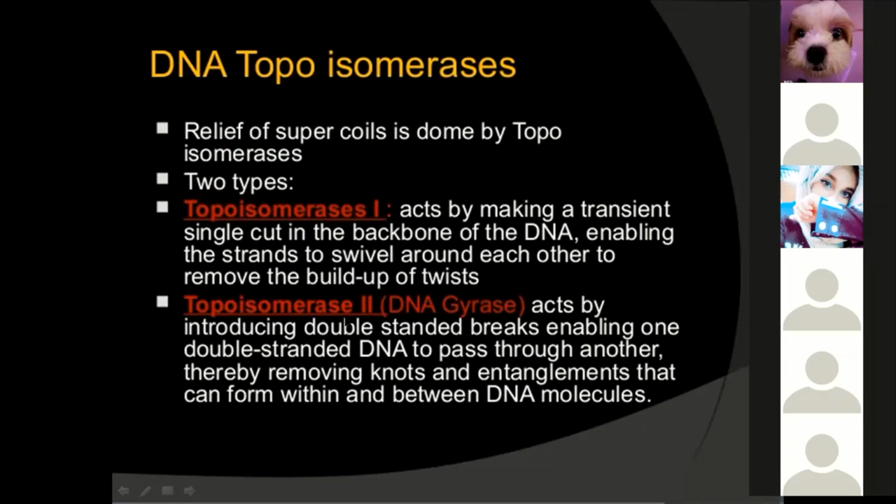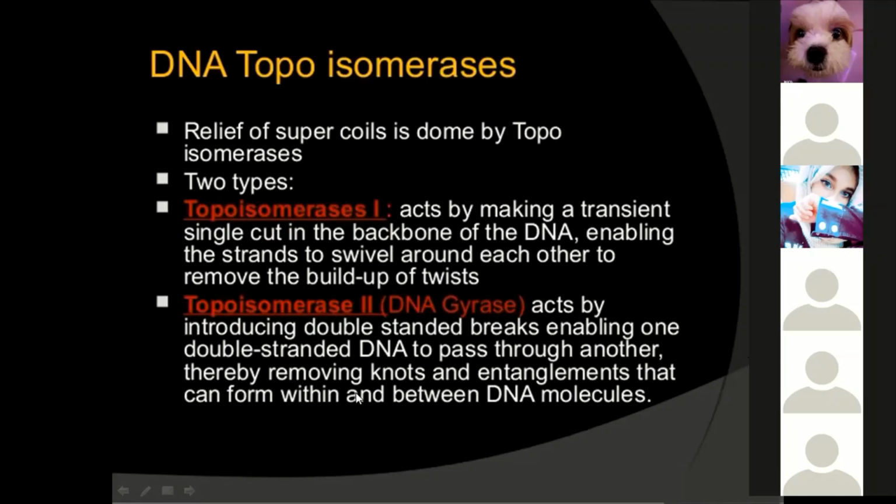Then you have topoisomerase 2, which is also called DNA gyrase, which acts by introducing double-stranded breaks. So there is only a single cut by DNA topoisomerase 1, whereas 2 cuts are made by topoisomerase 2, double-stranded breaks, enabling one double-stranded DNA to pass over another, thereby removing knots and entanglements that can form within and between DNA molecules.